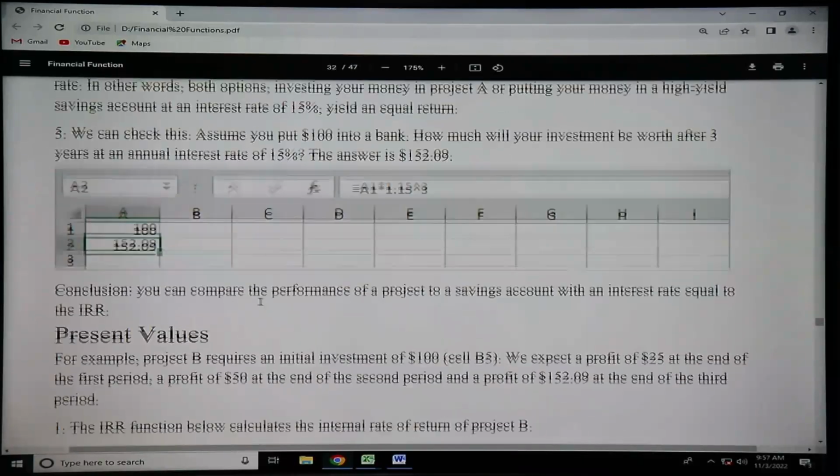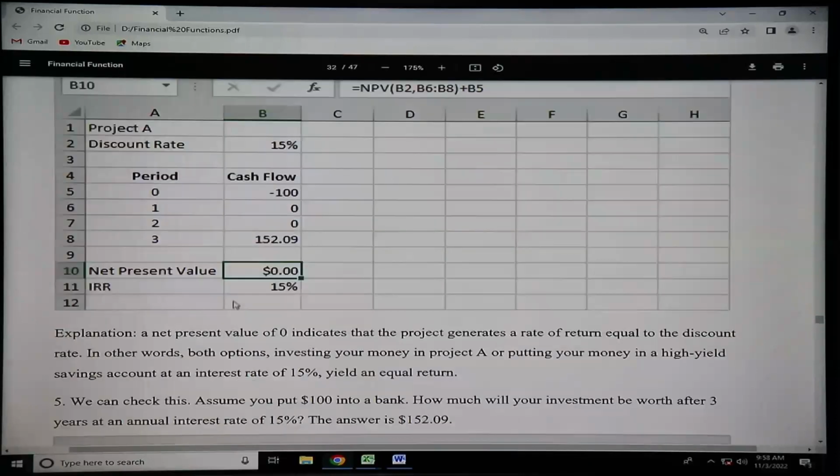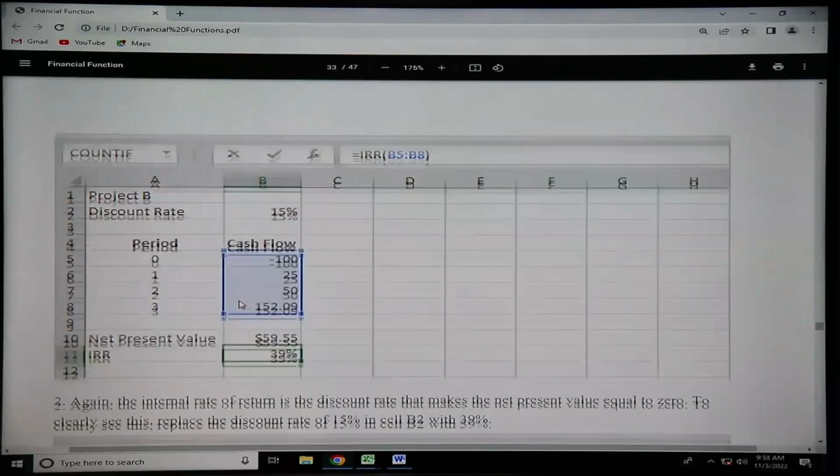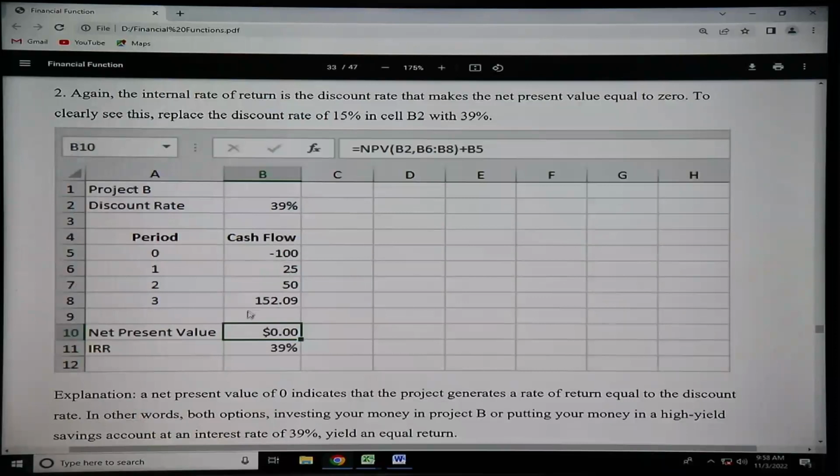Now, to the book that I sent you, under the internal rate of return, you go and check, then you compare, as we did in net present value. What is the effect of this when it comes to our projects? You can go and test that.